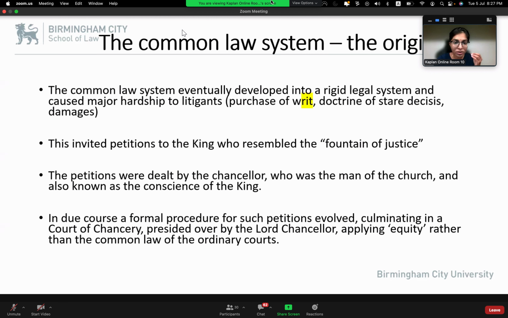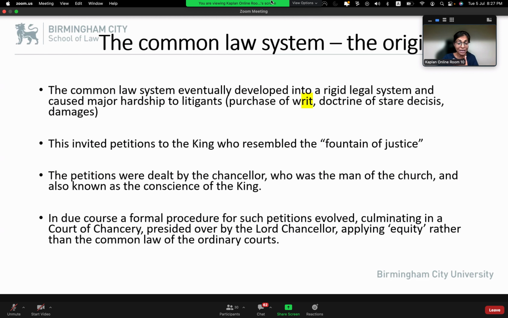When both these courts exist at the same time, and over time the Chancery Court became popular, of course this made the common law judges upset because they felt that they created the system. They were much more qualified than the Chancery, because the Chancellor was the man from the Church of England.